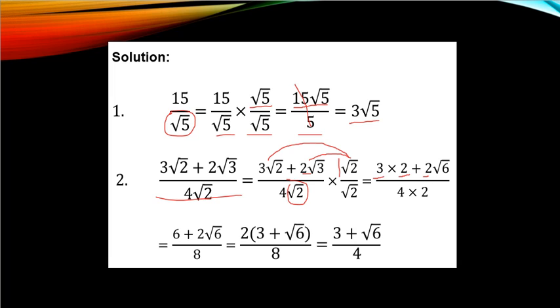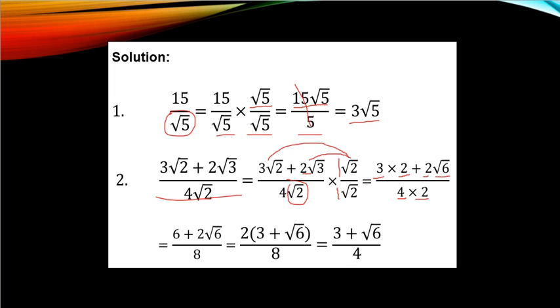Root 3 times root 2 is root 6, because different surds can be multiplied. In the denominator, you have a coefficient of 1 attached to root 2. So 4 times 1 is 4. Root 2 times root 2 is root 4, and root 4 is 2.